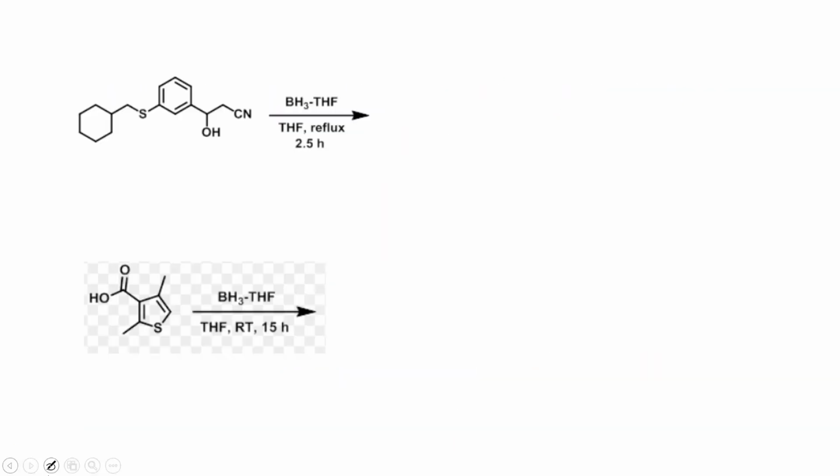So what will happen in this case? As there is no such acid group, but there is a CN group, the CN group will be reduced and give us this primary amine. The rest of the part will be the same, so I am not drawing it. Okay.